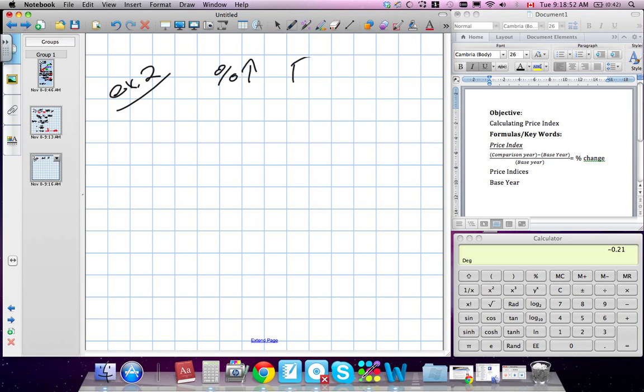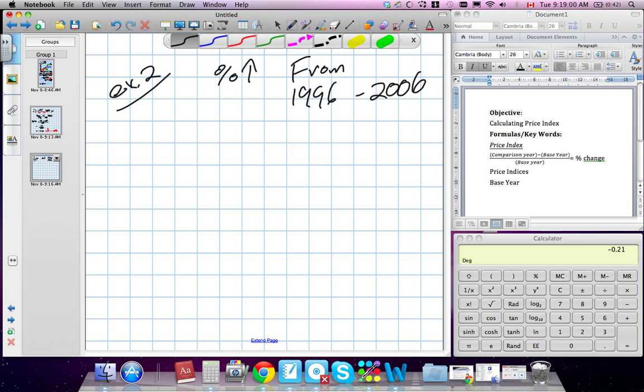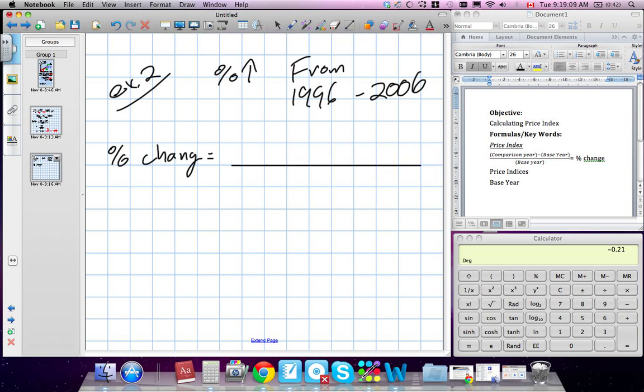Okay? So we remember our formula, our percentage change. We take our comparison year and we subtract the base year.